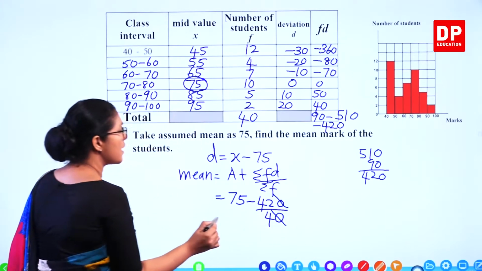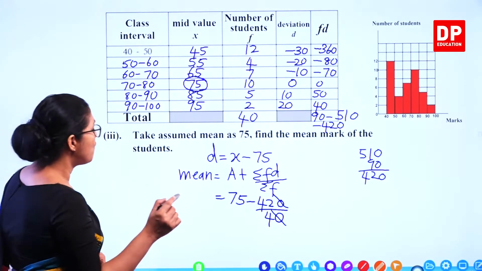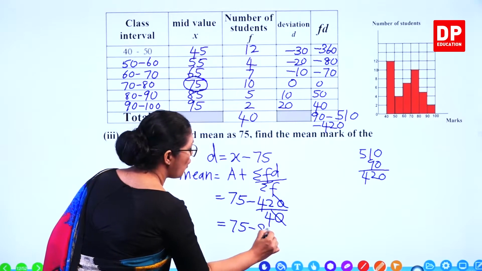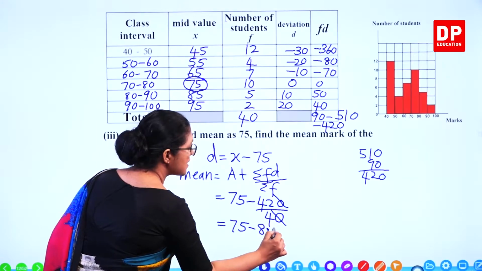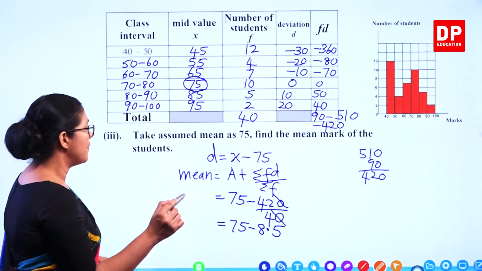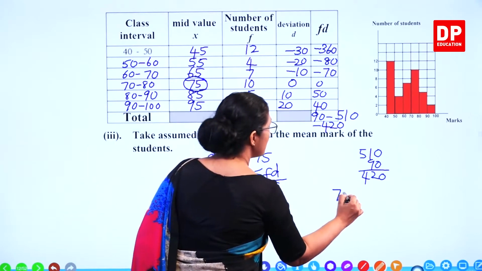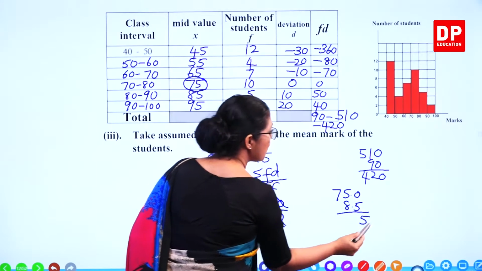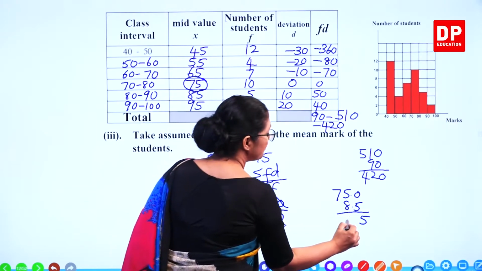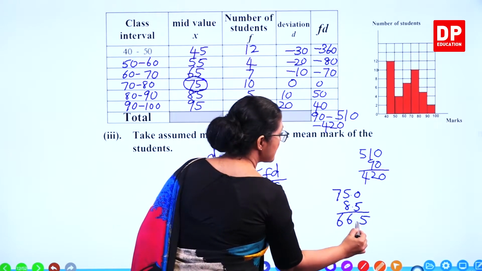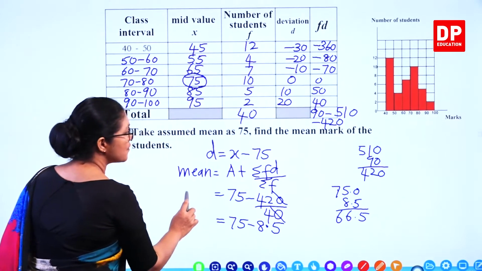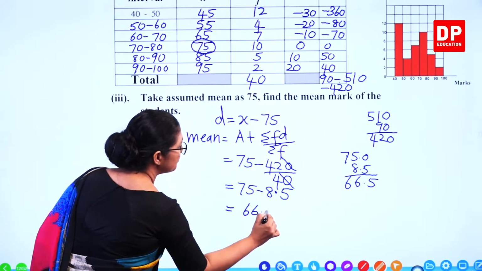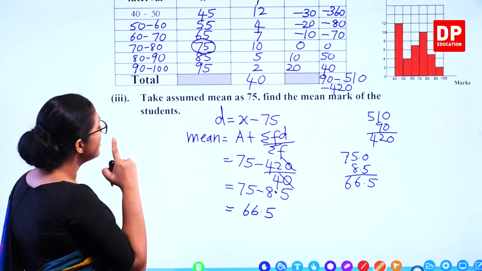So 0, 0 get cancelled out. 42 divided by 4. What's the value? 4 times 8, 40. For 20, that's 5, 8.5. 75 minus 8.5, you get 66.5. So 66.5 is the mean value.